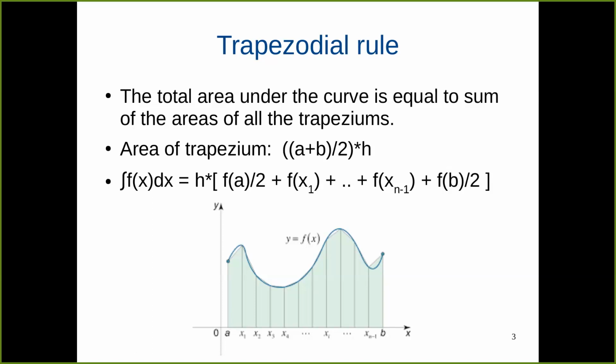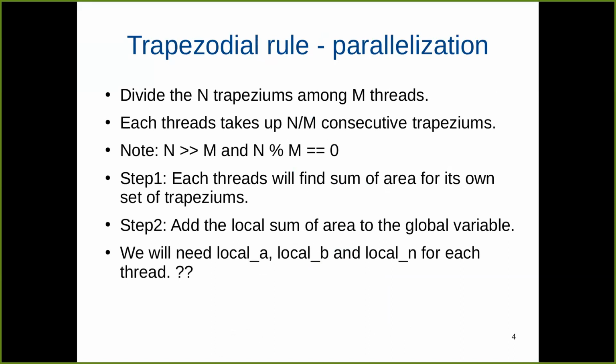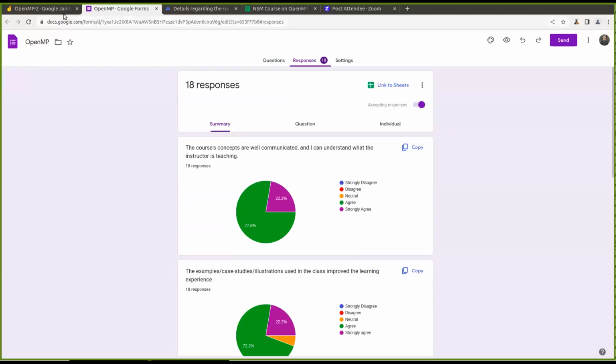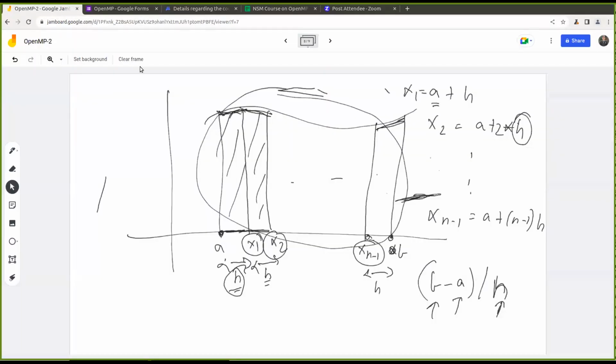So let us move to the next slide. Let me share the whiteboard instead. What we'll essentially do here is divide the n trapeziums that we have among m threads for parallelization.